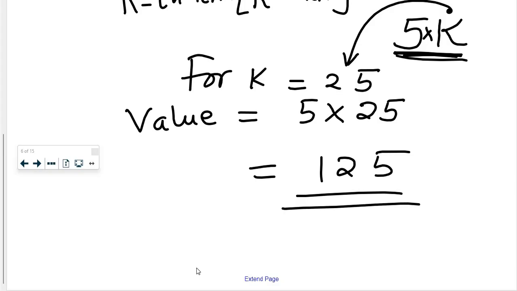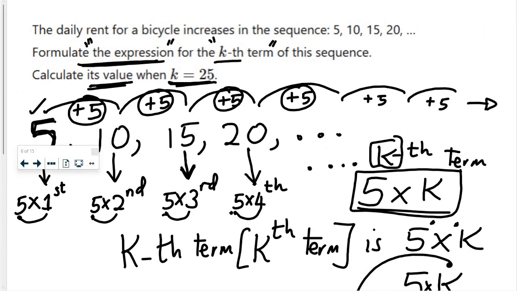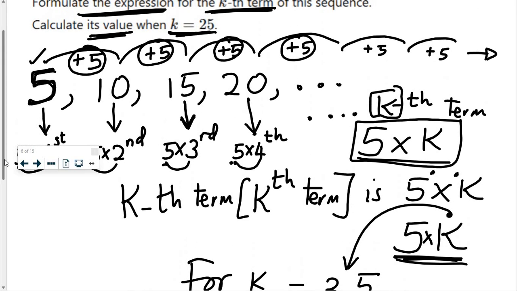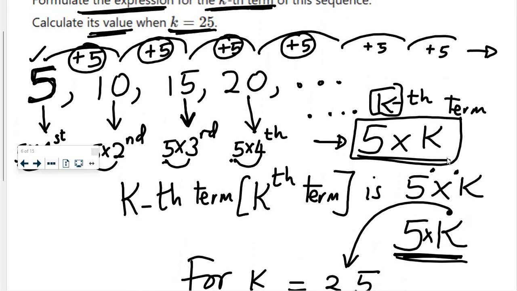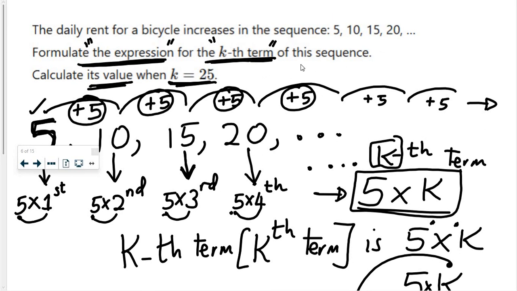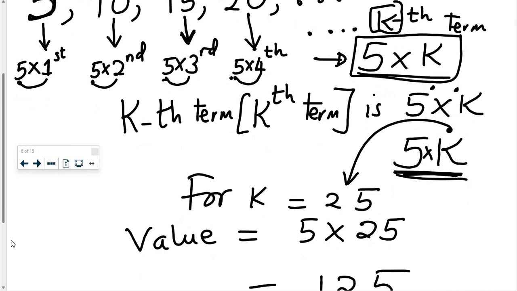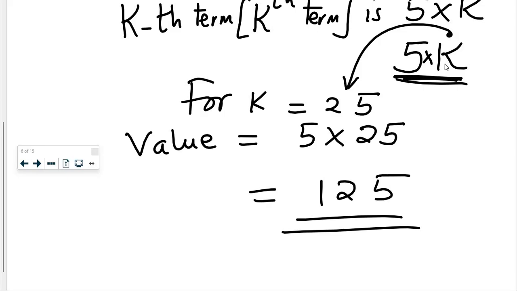That is the value. So the expression for the kth term is 5 into k. And the value of this sequence when k is 25, we replace k by 25 and do 5 into 25, and the answer is 125.